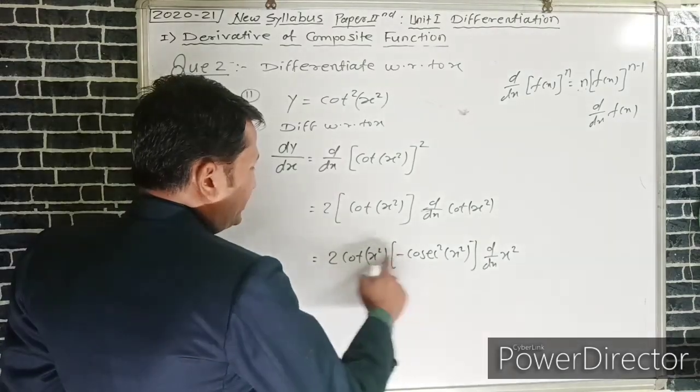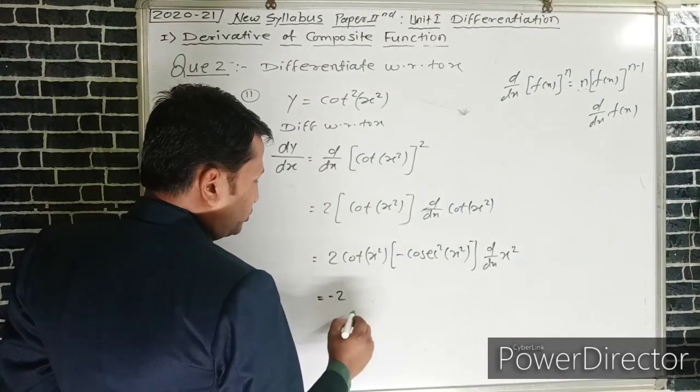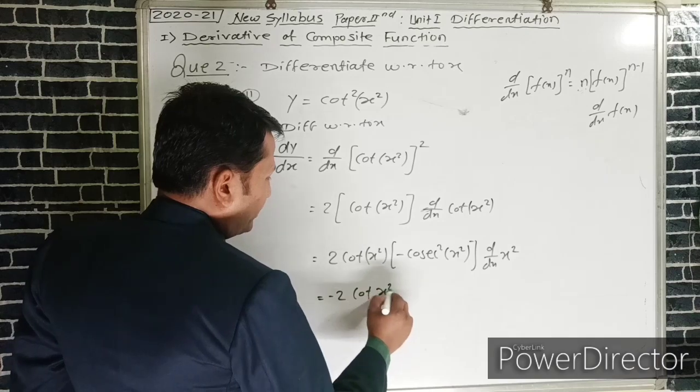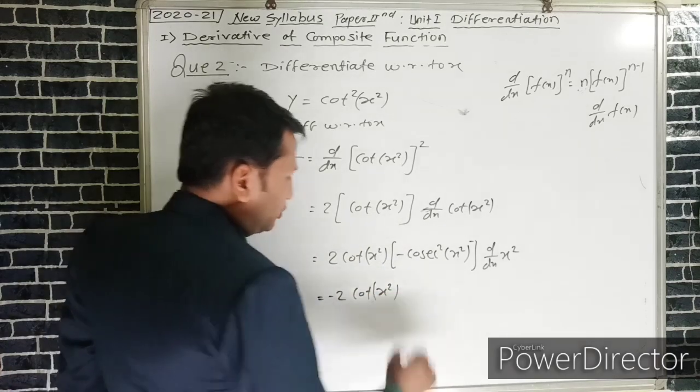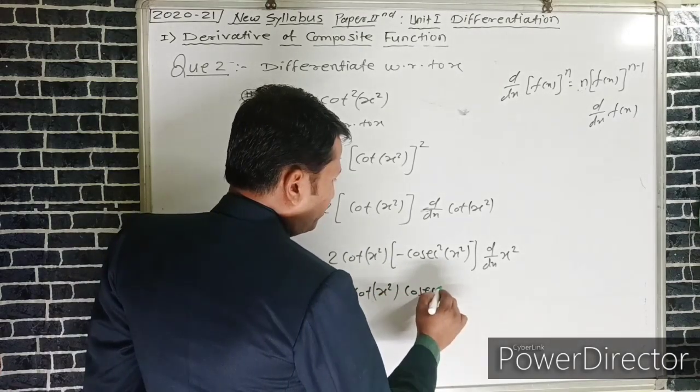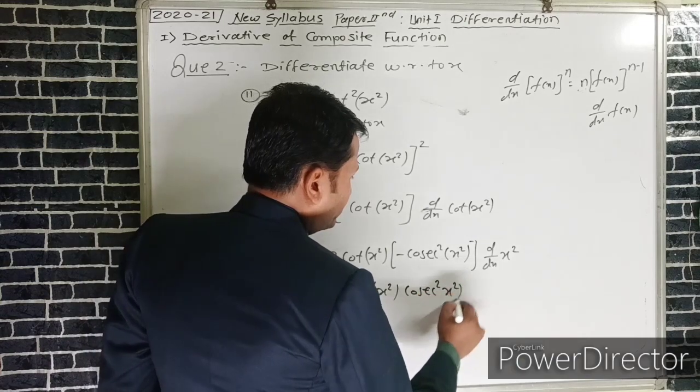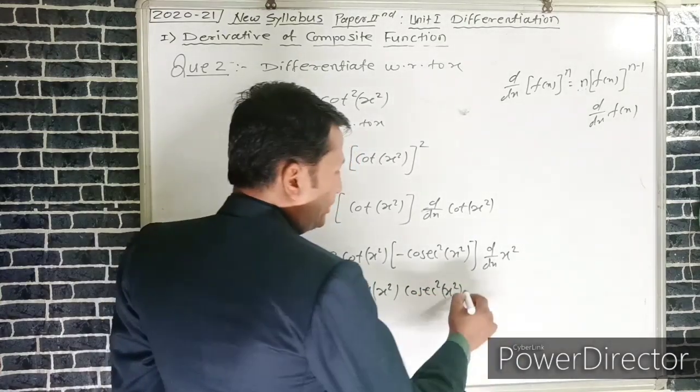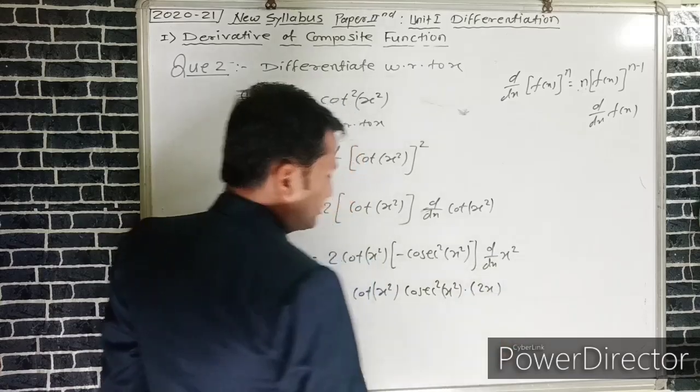Minus into 2, minus 2 cot of x square into cosec square x square into the derivative of x square, which is 2x.